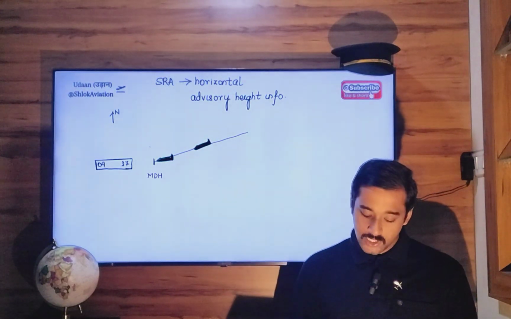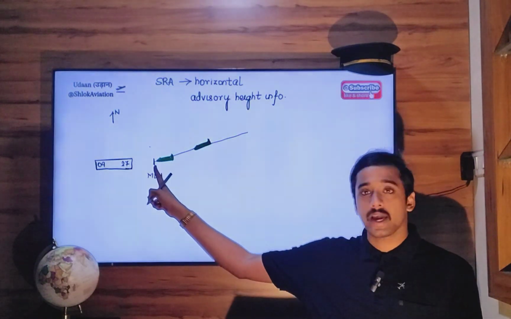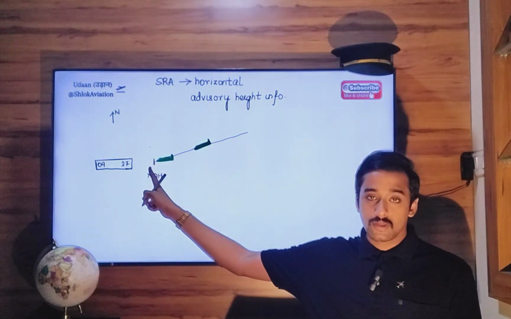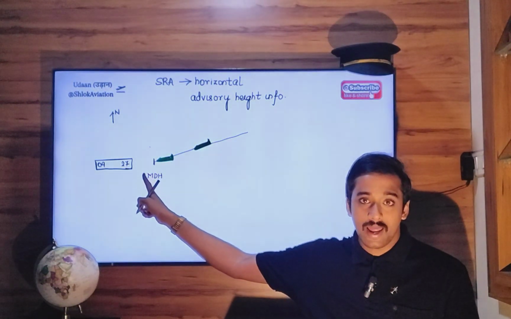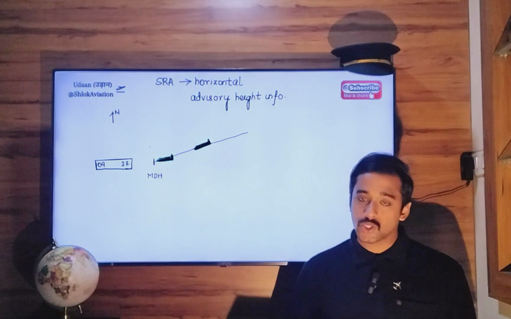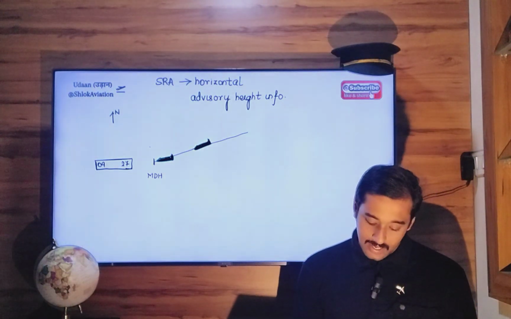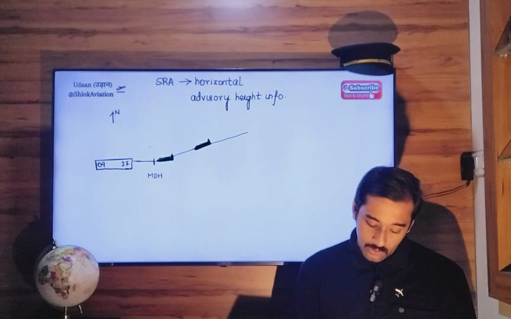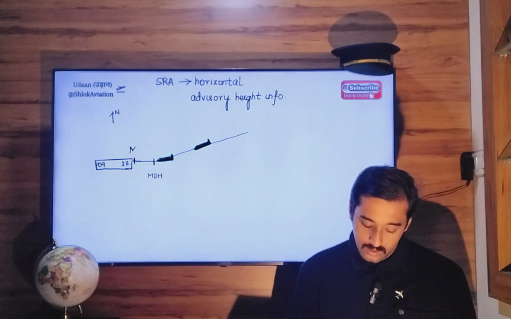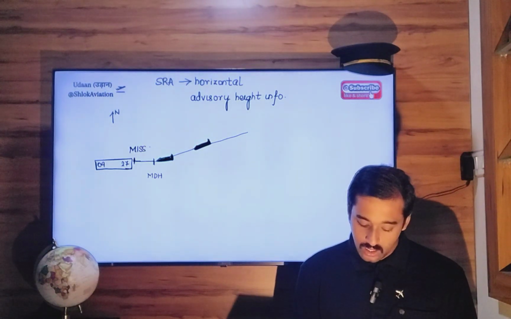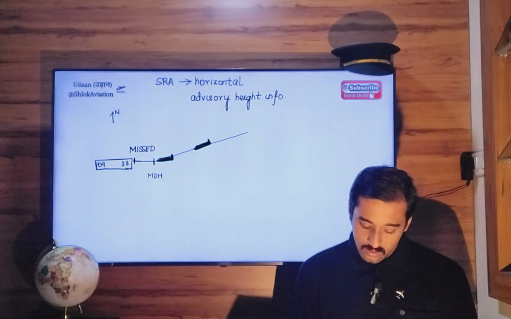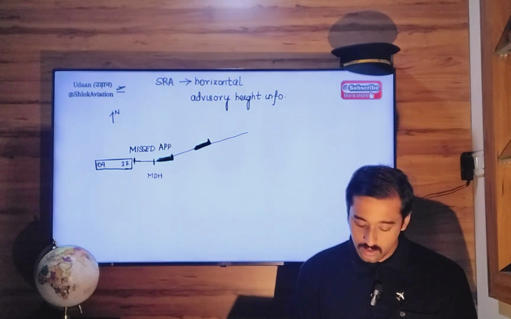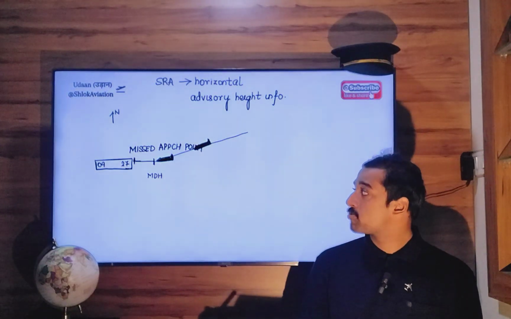Now, in case of non-precision approach, at minimum descent height, you will make that decision whether to continue landing or go around. If you choose to go around, you will fly level to the missed approach point.